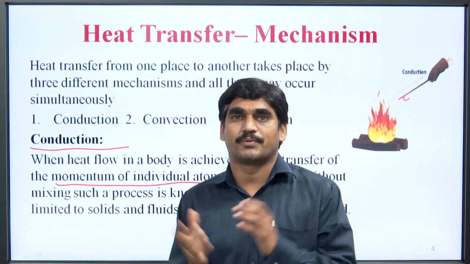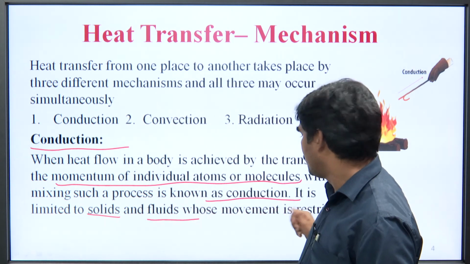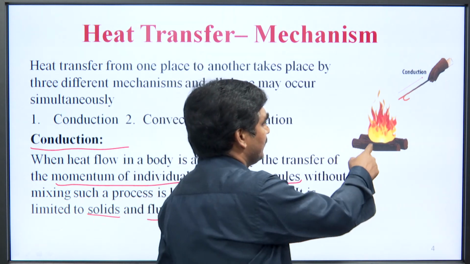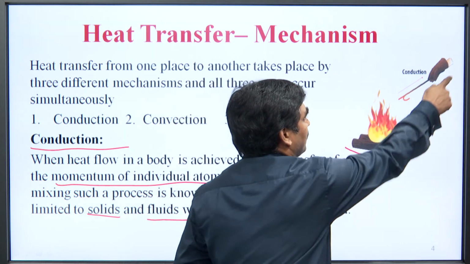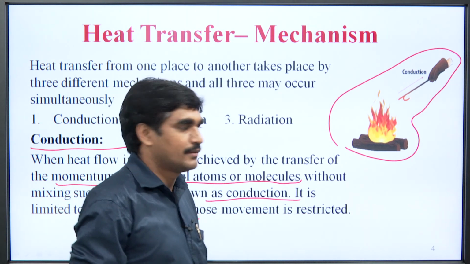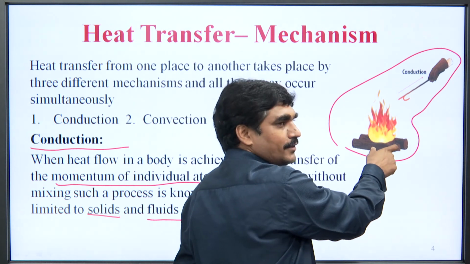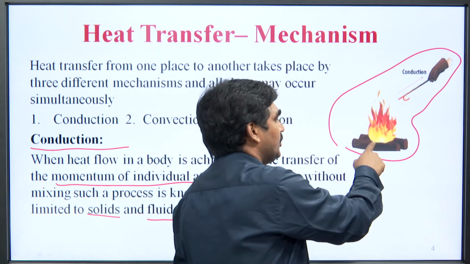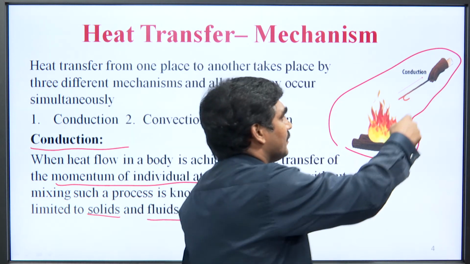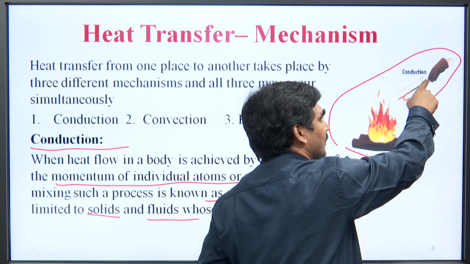This process is limited to solids and fluids whose movement is restricted. Here we are seeing a diagram which explains the principle of conduction. You can see wooden pieces from which flames of fire are coming out, and a hand holding a rod.